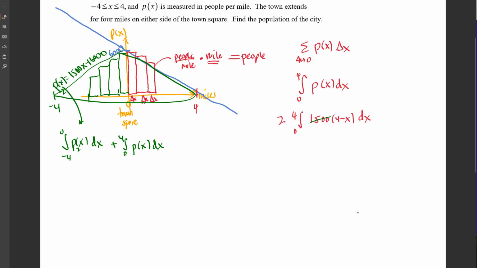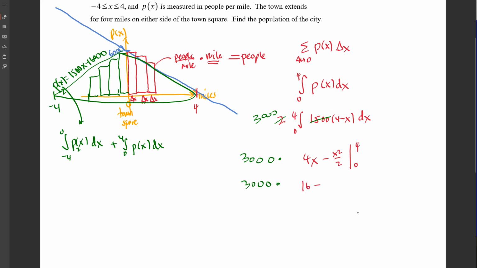Let me go ahead and pull out the 1500. So out here I'll get 3000. My answer will be 3000 times the integral of 4, which is 4x. The integral of negative x is negative x squared over 2. There's my bar, I'll take this from 0 to 4. Then I have 3000 times, first I plug in the 4.